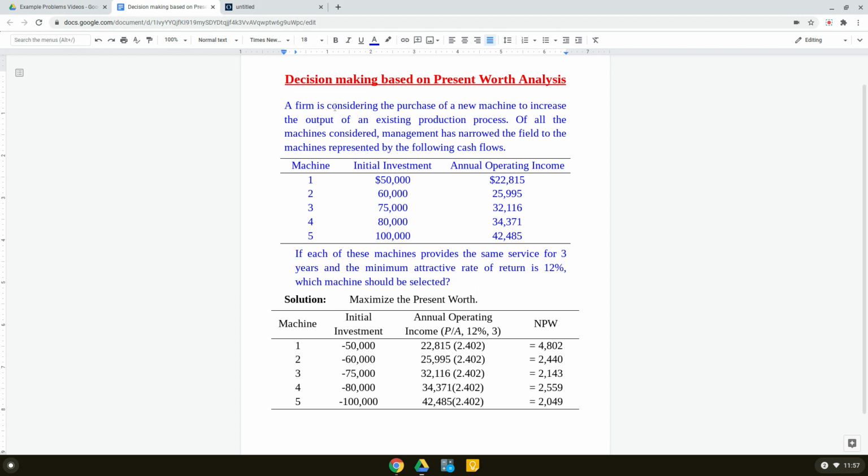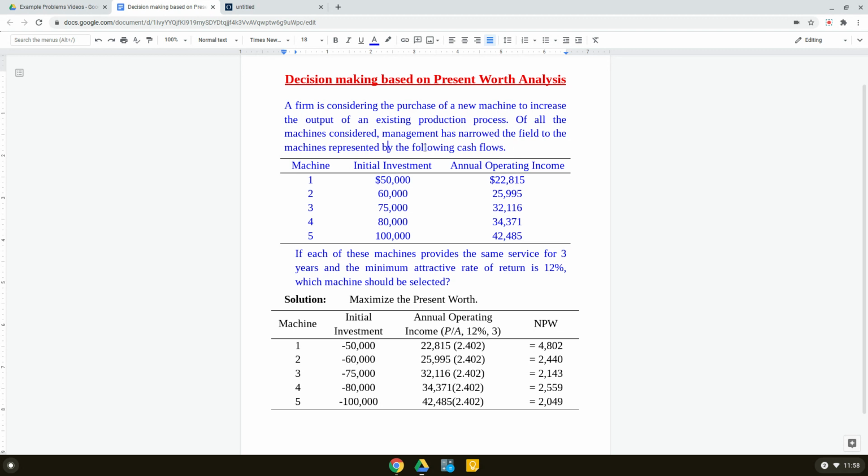A firm is considering the purchase of a new machine to increase the output of an existing production process. Of all the machines considered, management has narrowed the field to the machines represented by the following cash flows.